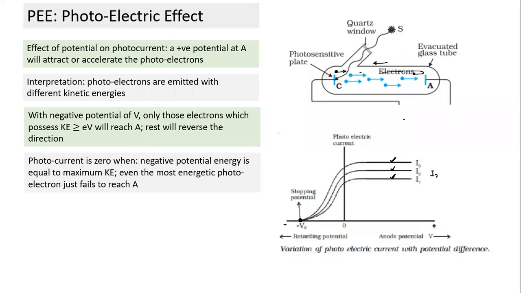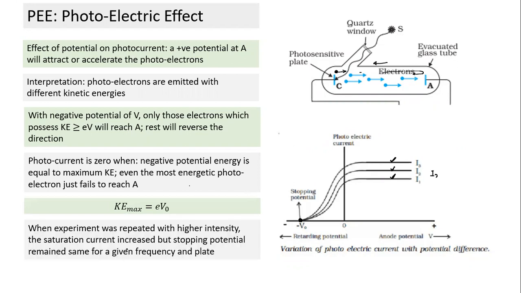The potential at which even the most energetic electron fails to reach A is called the stopping potential. Once we calculate the stopping potential, we can indirectly calculate the kinetic energy of the fastest electron. K max, the maximum kinetic energy, is equal to e times V naught, from conservation of energy.